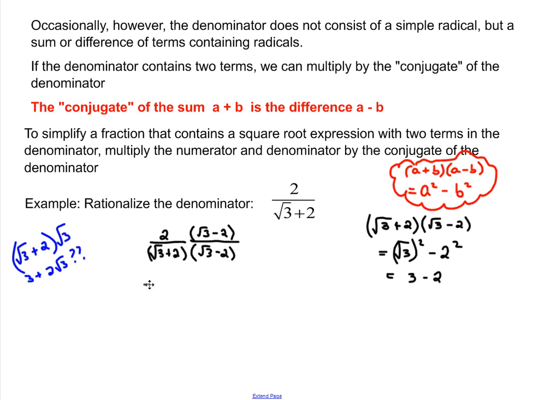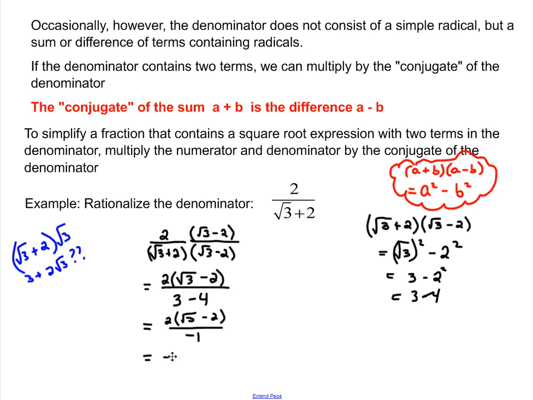So we're going to get 2 times the quantity square root of 3 minus 2, divided by 3 minus 2 squared, which is 4. So we're going to get 3 minus 4 in the denominator, and if we keep going, we're going to get 2 times the square root of 3 minus 2 divided by negative 1.